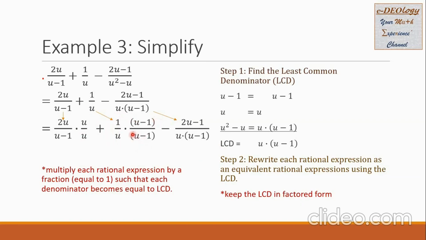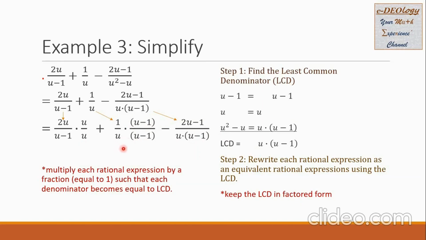So the second rational expression is multiplied by u minus 1 over u minus 1. And then minus the third rational expression. Since our denominator here is already equal to the LCD, we will not multiply anything.